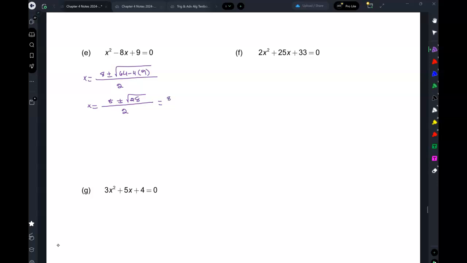So this is 8 plus or minus 28 is 2 root 7, right? So x is, again, all these are divisible, so 4 plus or minus root 7.